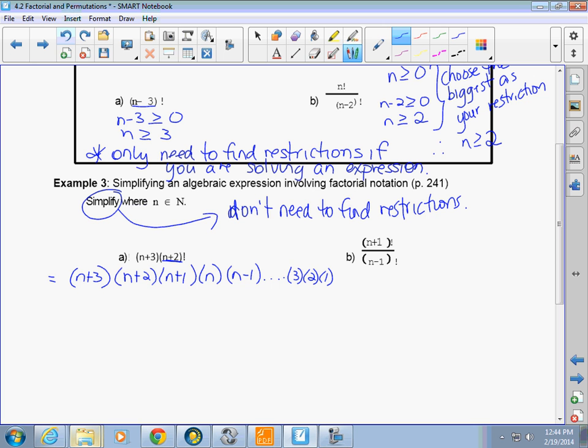So your answer for this then is actually, because you're going from n plus 3 to n plus 2, so it's going down in that descending order, n plus 3 factorial.